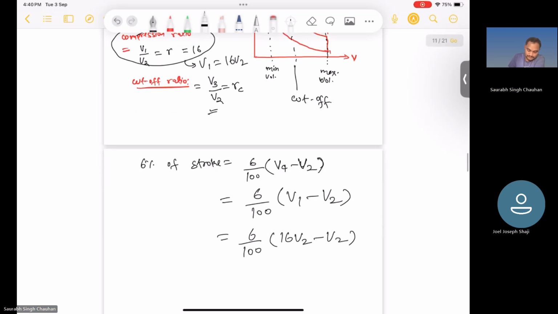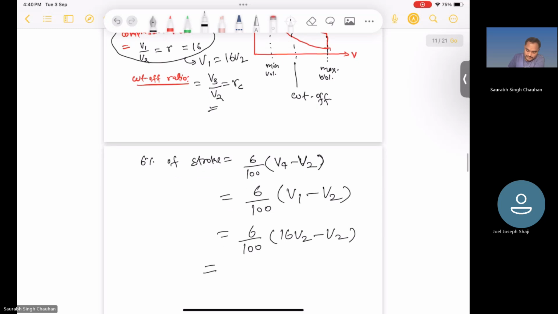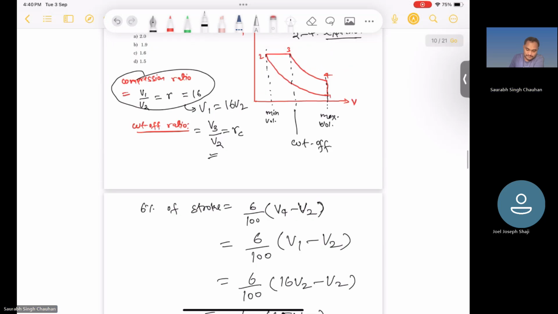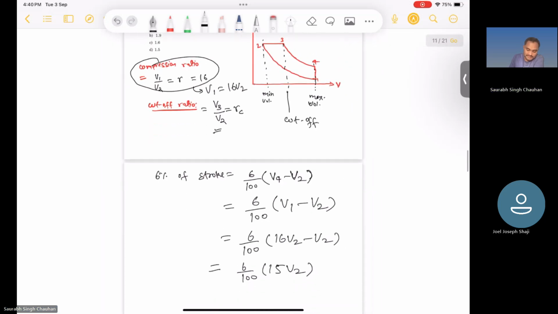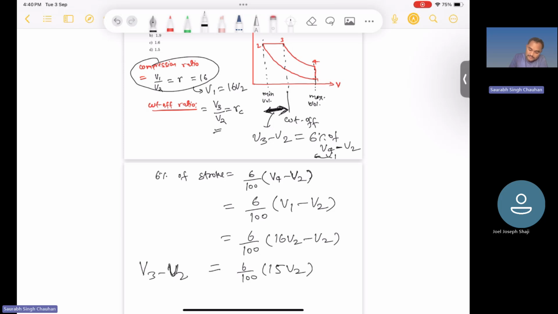This is equal to 6 by 100 times 15 V2. This black part is V3 minus V2, and this is 6% of V4 minus V2, or 6% of V1 minus V2.